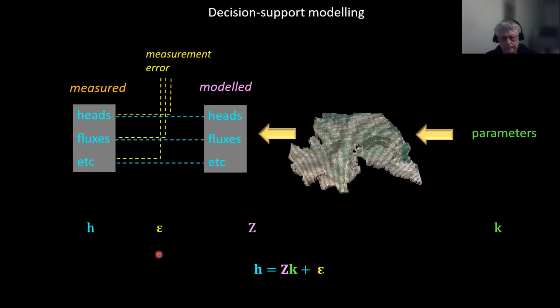So there's the equation of my life as a groundwater modeler. What I observe in the field is the action of the model on parameters plus some random number, which I'm going to assume has the same statistical properties as measurement noise.